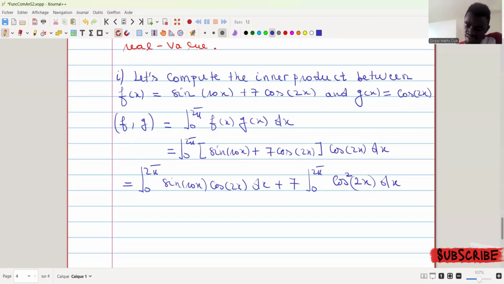Now, I don't know if you did something in Hilbert spaces. Even if you didn't, you have to know that cosine and sine form a basis.